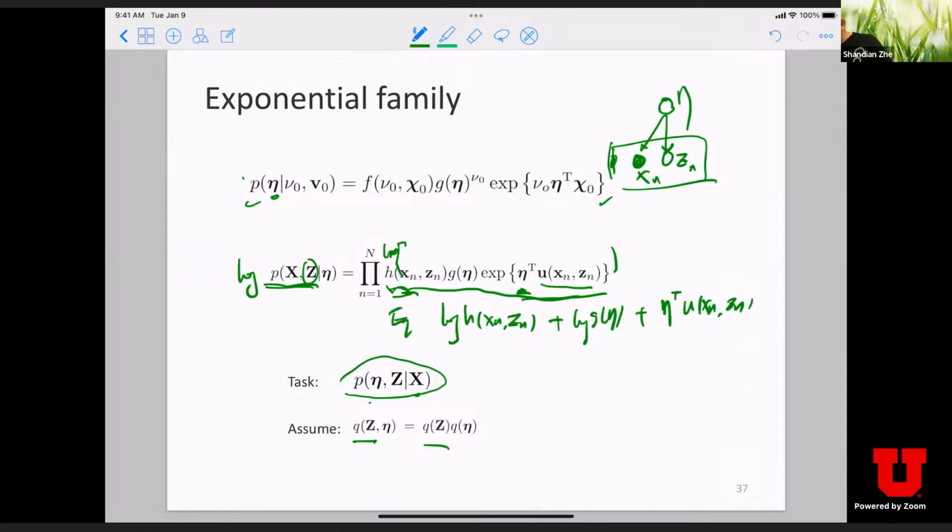You take the expectation over q of eta of this logarithm. The log h term and the log g term have nothing to do with Z n, or are constant, so you can just throw them out. You only need to take the expectation over this term that is linear in eta, which is just the expectation of eta transpose u of x n and z n.